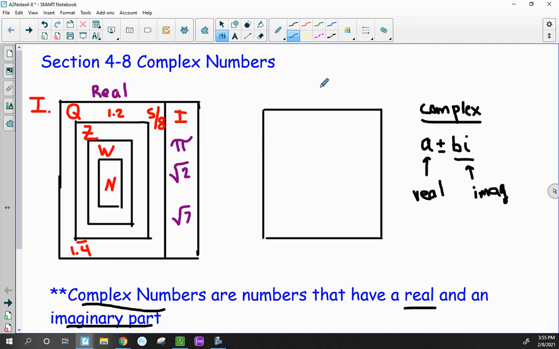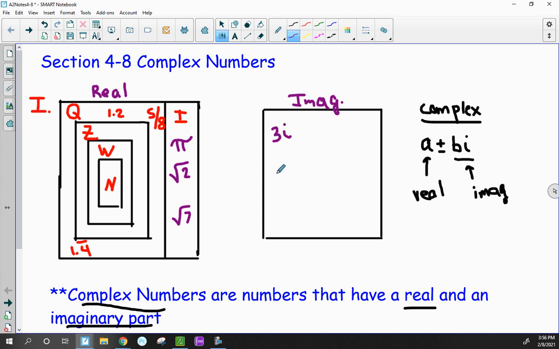And then over here in a totally different world are the imaginary numbers. Imaginary numbers are numbers that contain the lowercase i.